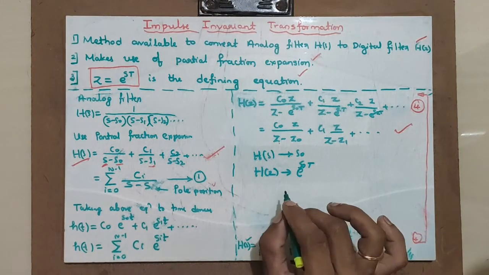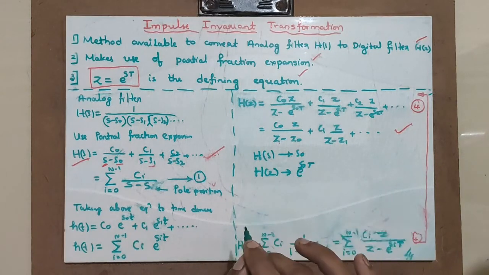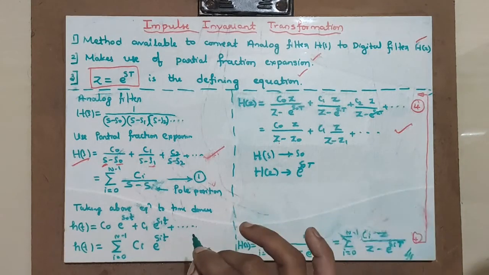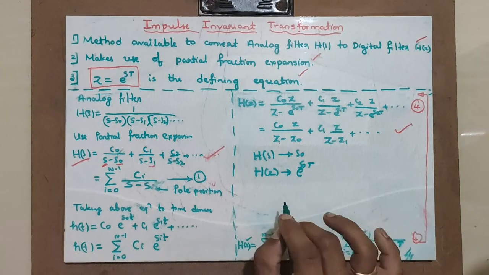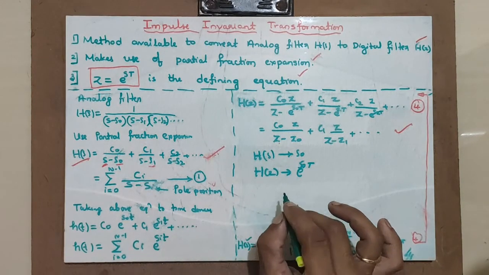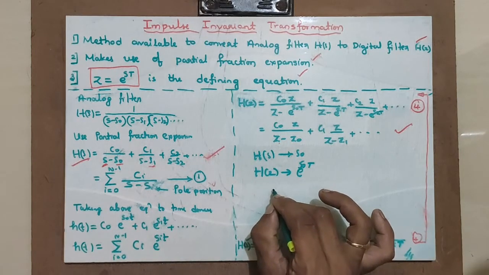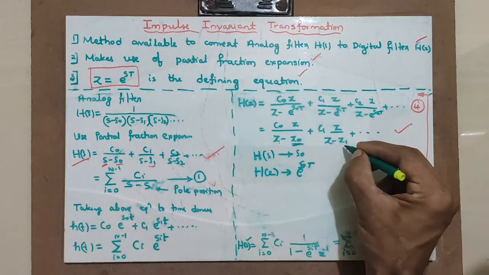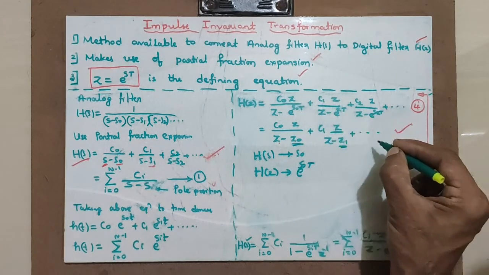Okay. Whatever s0 is present, or any pole if you consider, s1 is there means e raised to s1 t when it goes to z domain. That's how both are related with each other. Or I can say, what is z0? z0 is e raised to s0 t. What is z1? e raised to s1 t. Like that.